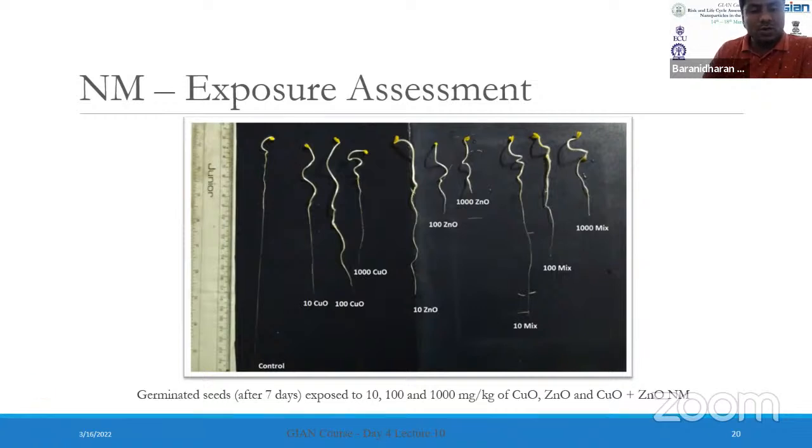So control is nothing but the one without the exposure, whereas 10 denotes the concentration. CuO is nothing but the nanoparticle that has been chosen for consideration. 100 is nothing but the concentration, 1000. So when you look at it, the greater the concentration, the greater the chance of retardation of growth.